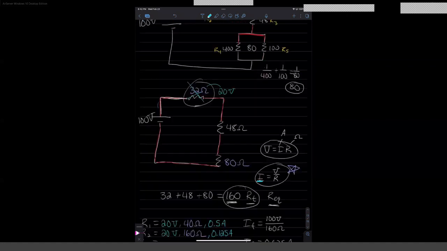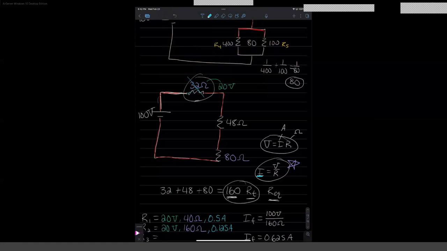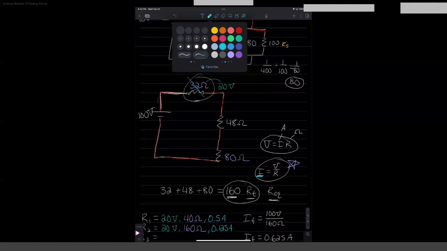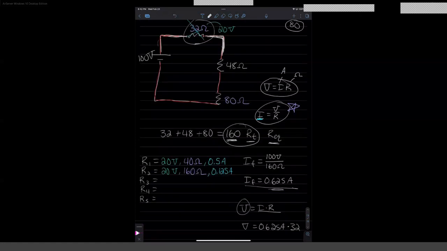So now we have to figure out how much energy, or current, is going to go through R3. Pretty sure that looks like it's in series to me, and in series current stays constant.